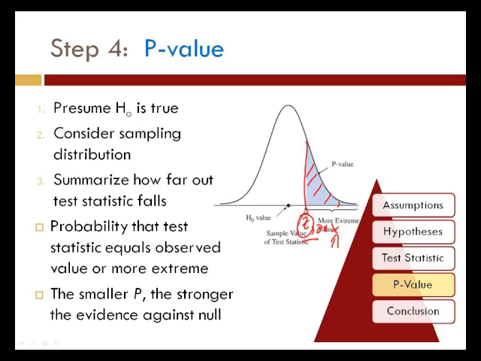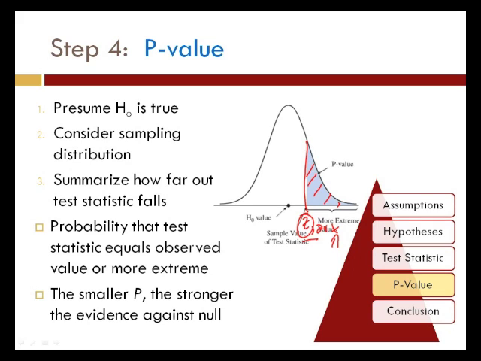So large values like 40%, 50%, even 30%, maybe even 20%, we would say, well, that's a really good chance, 20% that it would be that extreme, so that's not, in fact, that extreme. When you get to 10% or 5%, a probability of 0.10 or 0.05, that is such a low probability of happening that we say, ooh, maybe we should reject the null.